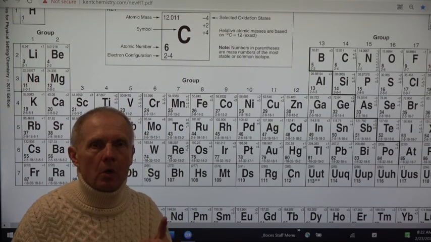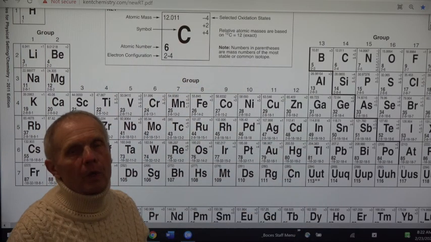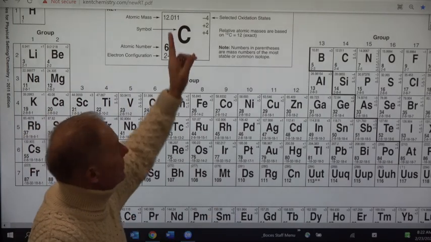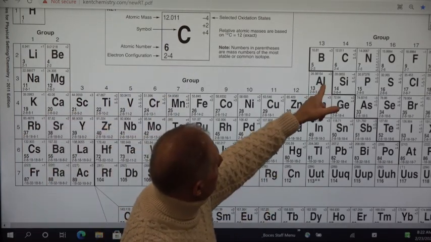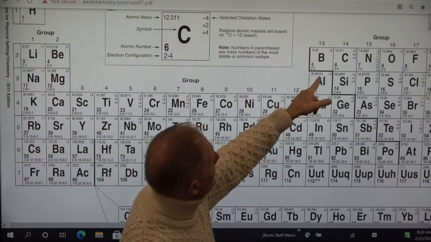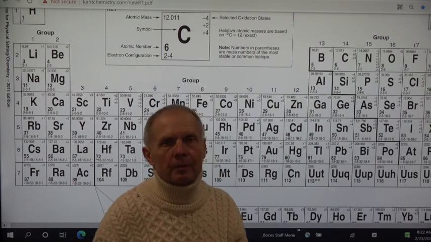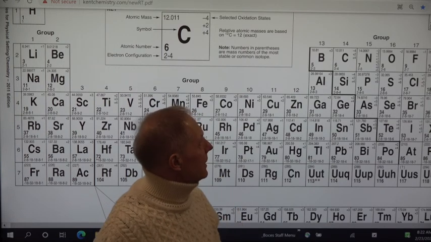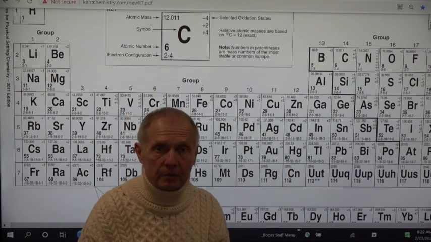So 1 mole of atoms of any element would weigh the atomic mass in grams. Like, let's go aluminum. Aluminum weighs a rounded 27 AMUs. But if I had 1 mole of aluminum atoms, it would weigh 27 grams, not 27 AMUs.